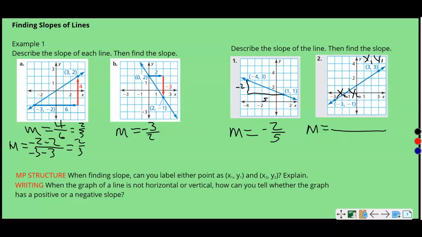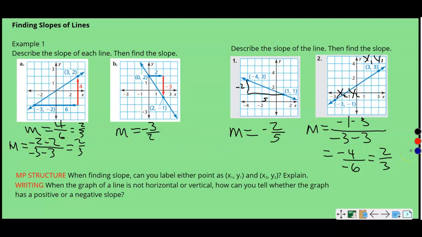And so we're going to have -1 minus 3, and then we're going to have -3 minus 3. So that's going to be -4 over -6. 2 negatives make a positive. This becomes 2/3.